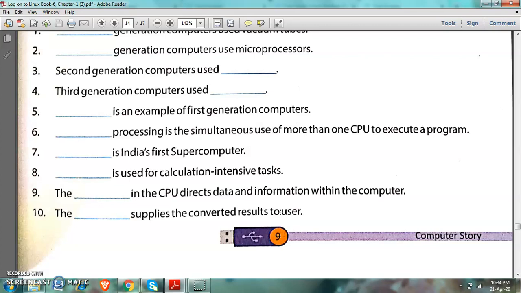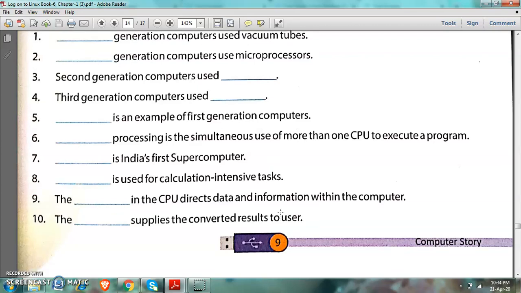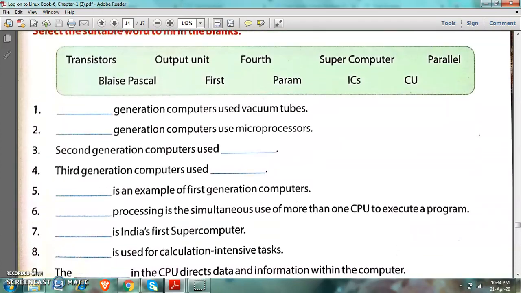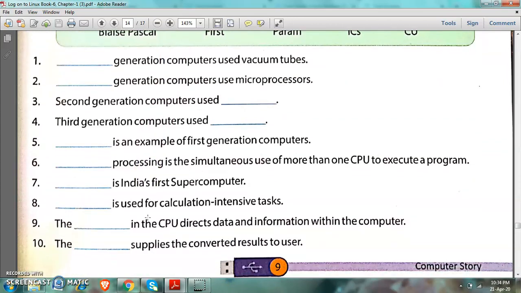After data processing, the work is converted into output, and the very important unit, output unit, supplies the converted results to the user. So you will see the spelling, and you will write the answer in point number 10. That is output unit. The output unit supplies the converted results to the user.